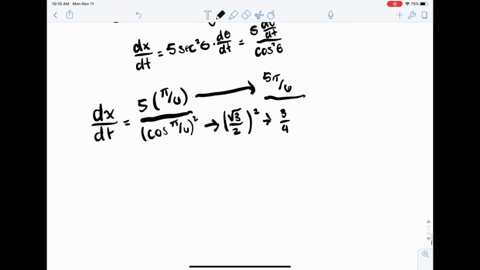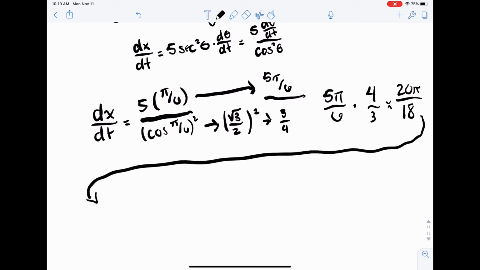So since we're dividing two fractions, it's the same as multiplying by the reciprocal. So 5 pi over 6 times 4 over 3, which should equal 20 pi over 18. And that simplifies to 10 pi over 9.